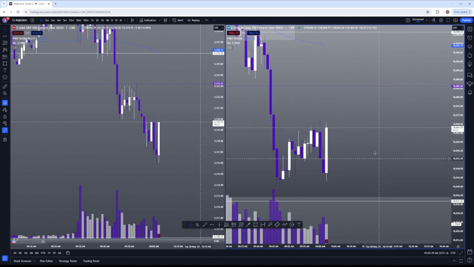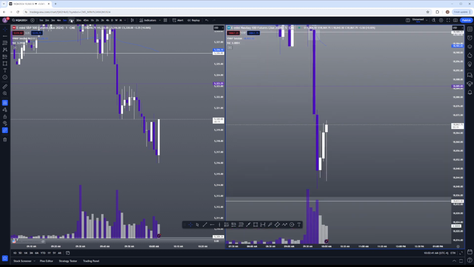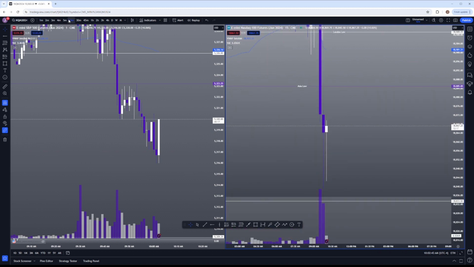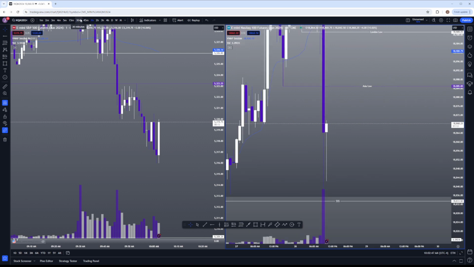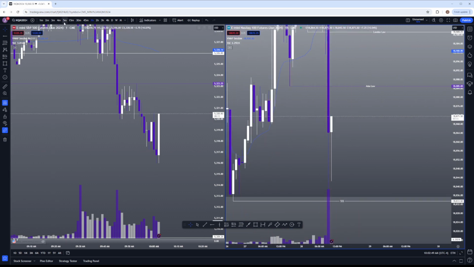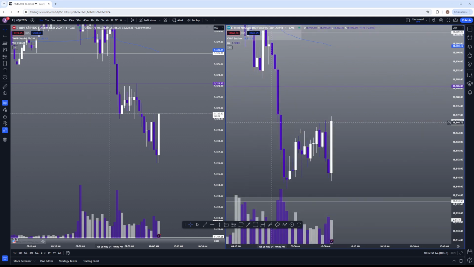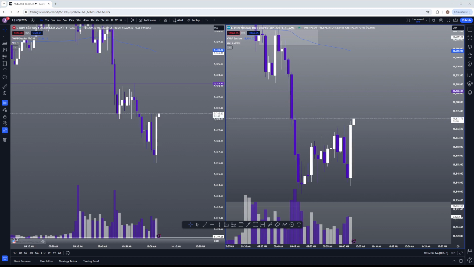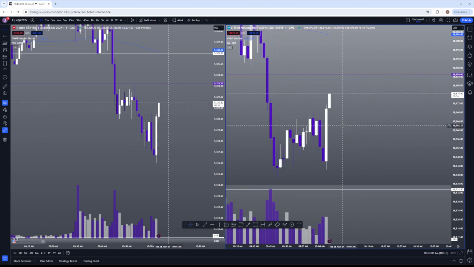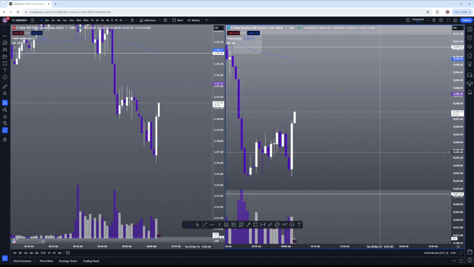Look at that pump we're seeing. Nice pump so far. Still going to be patient, guys. We can still wait for that A+ setup. A strong 1-minute candle there.